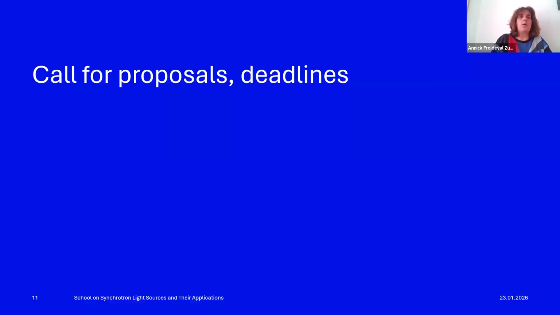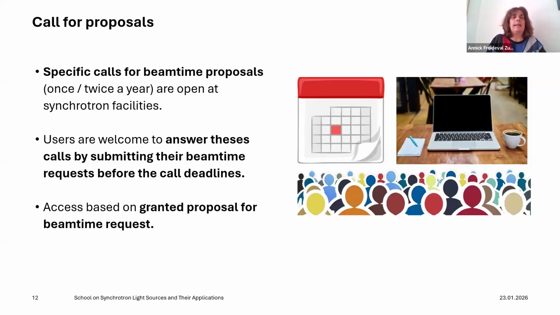So now, call for proposals and deadline. To get access to synchrotron facilities, you need to submit a proposal for a Beamtime request and to get it granted. And there are specific calls for Beamtime requests in a year, either once or twice a year.